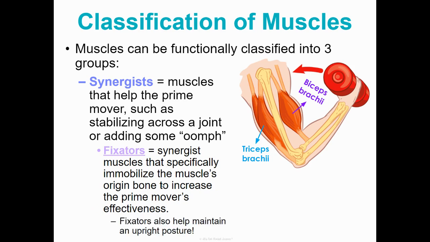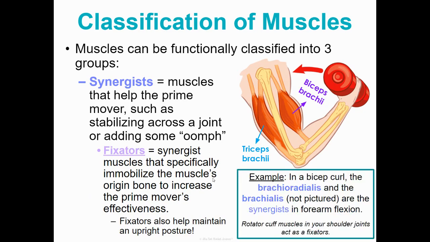This is also the type of muscle that helps to maintain our upright posture while we're focused on doing our biceps curl. So, for example, in a biceps curl, the brachioradialis and the brachialis, which are not pictured in this, are the synergists in forearm flexion.